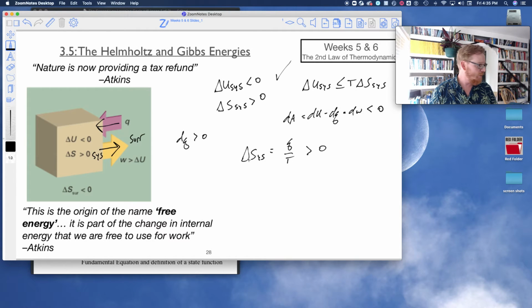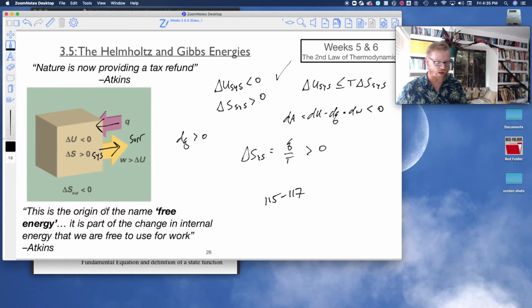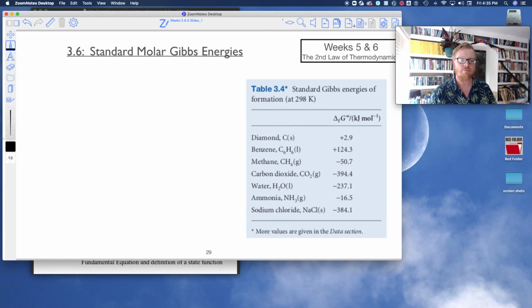So Atkins has some lovely prose on this. If I didn't quite do it for you, if you're still left kind of confused by this, take a look at pages 115 through 117 in Atkins. That's where this picture is, and he has a really nice set of paragraphs describing it, okay?